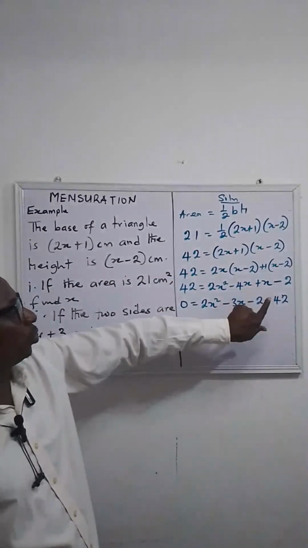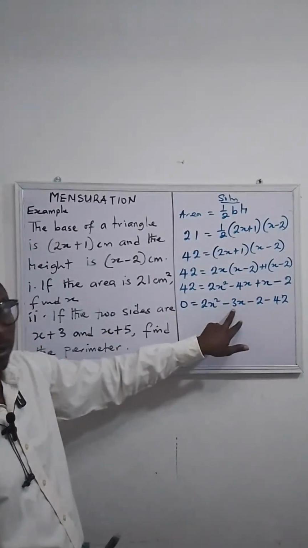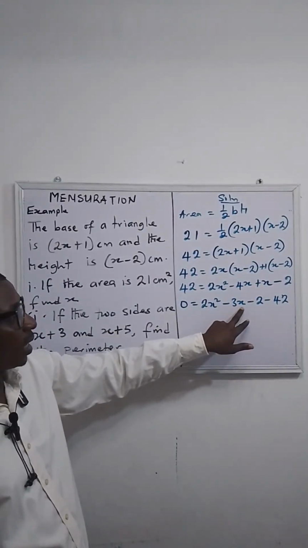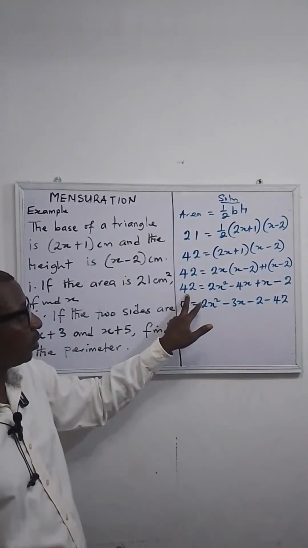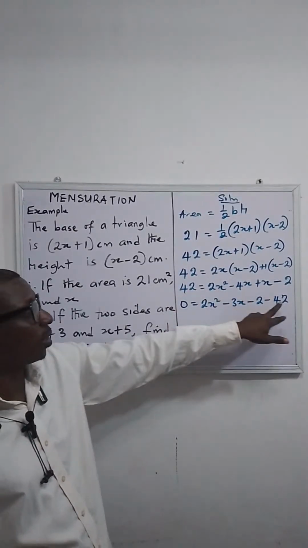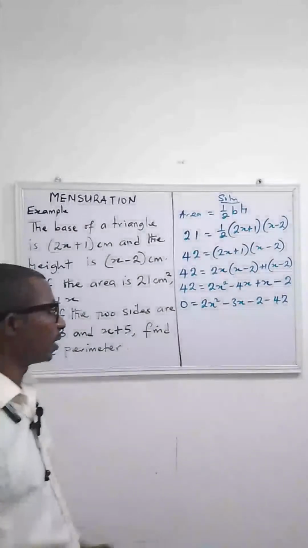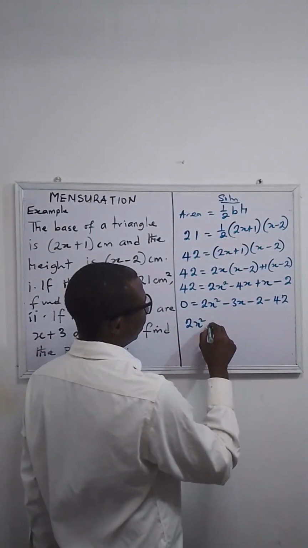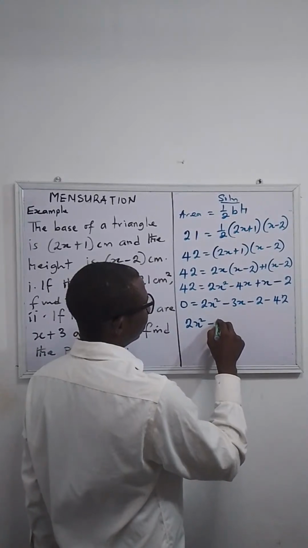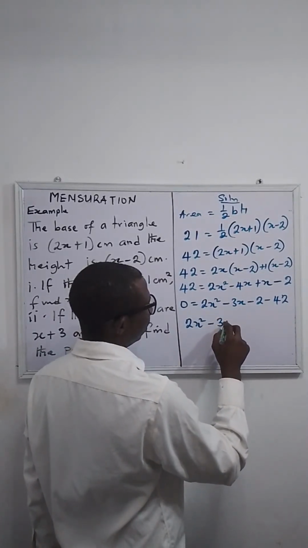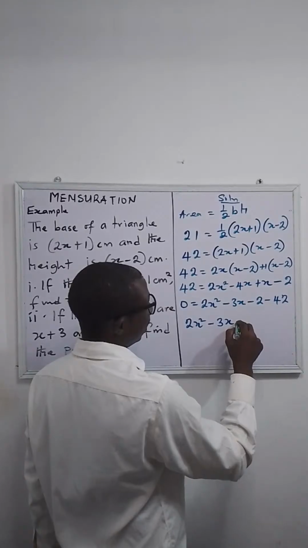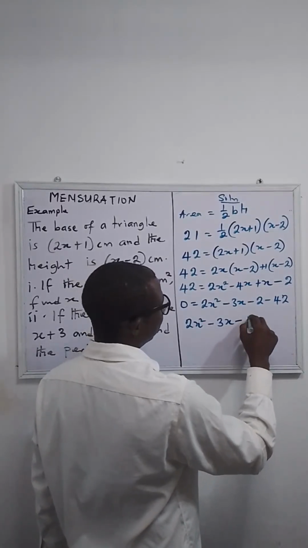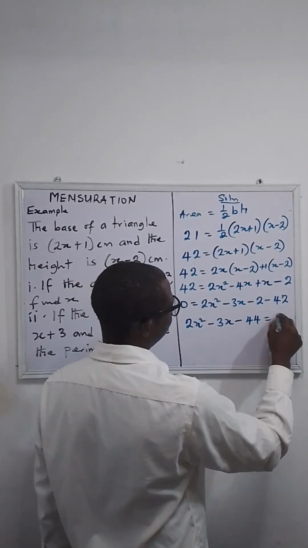These two turn to negative 3x, and when you subtract 42 from both sides, you have negative 42 at that side. So we now have 2x squared minus 3x minus 44 equals 0.